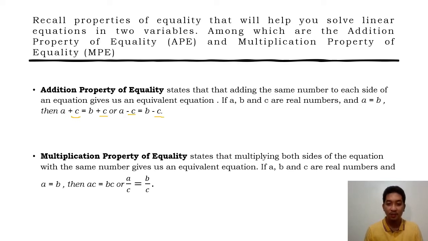If A, B, and C are real numbers, and A equals B, then A times C will also equal B times C, or A divided by C is equal to B divided by C. So with this one, you multiplied both sides with C, you divided both sides with C, and that's still equivalent to A equals B.